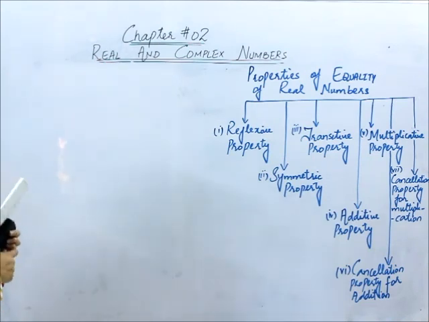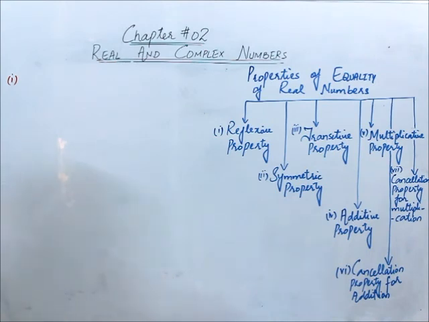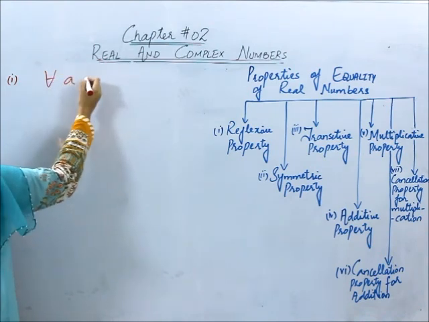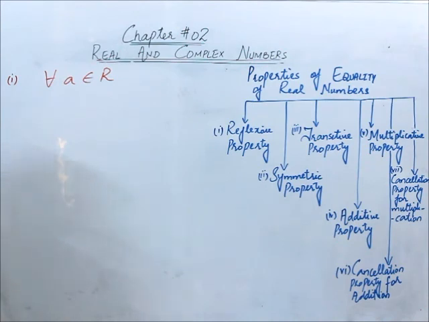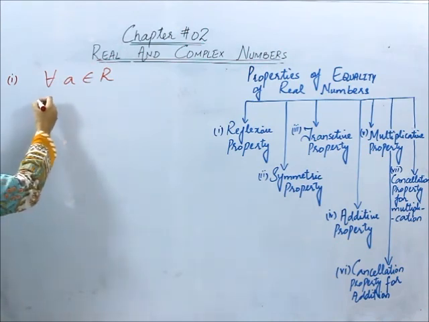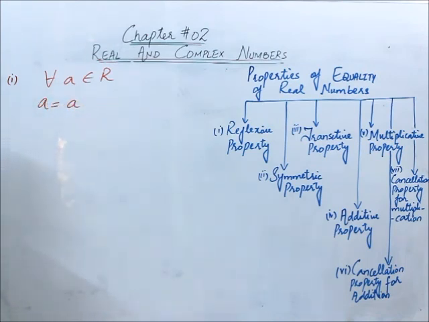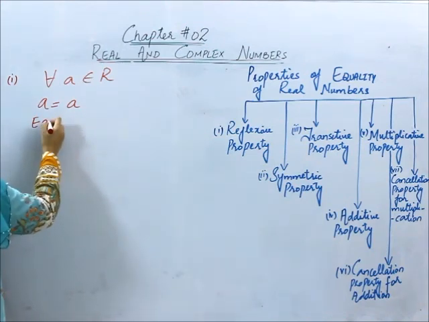So let us start. The first property is the reflexive property. What does the reflexive property say? It says that for all numbers which belong to the set of real numbers, A is equal to A. Let us take an example.